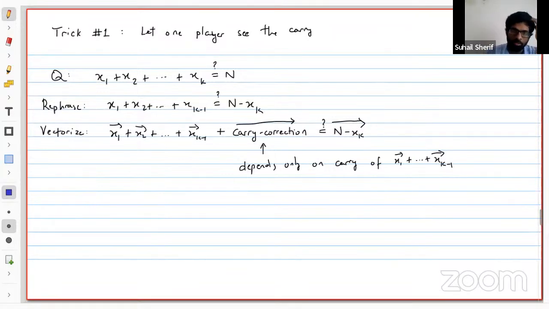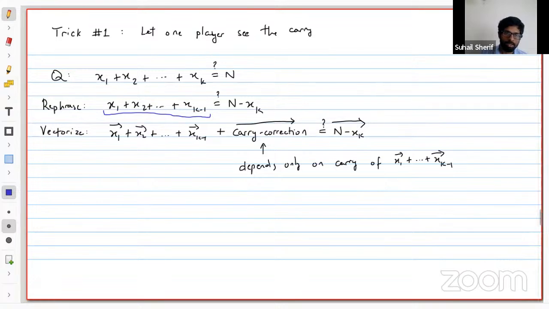The first trick is to rephrase this in such a way that the carry isn't really a problem when you look at the base Q representation. So we're going to rephrase it as, is the sum of the first k minus 1 inputs equal to n minus xk? The kth player can see all of these numbers that we're adding up, and this is going to be important.